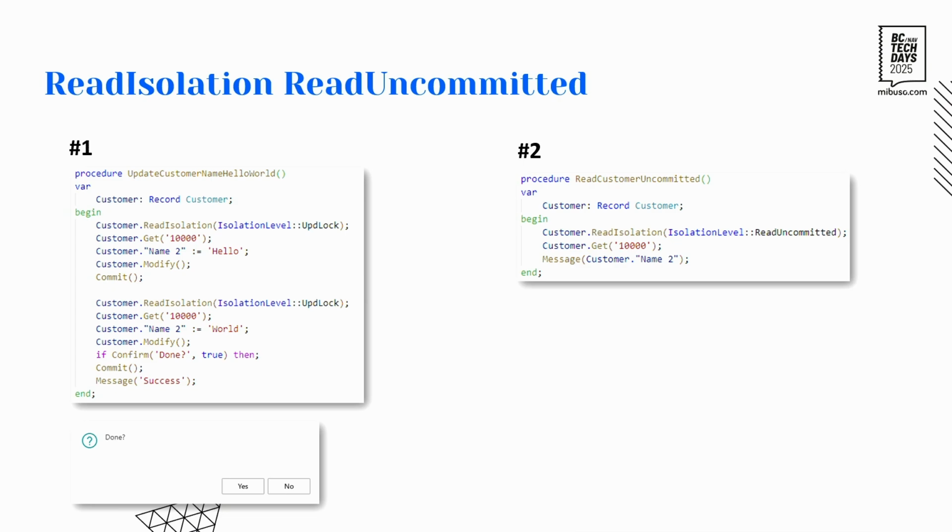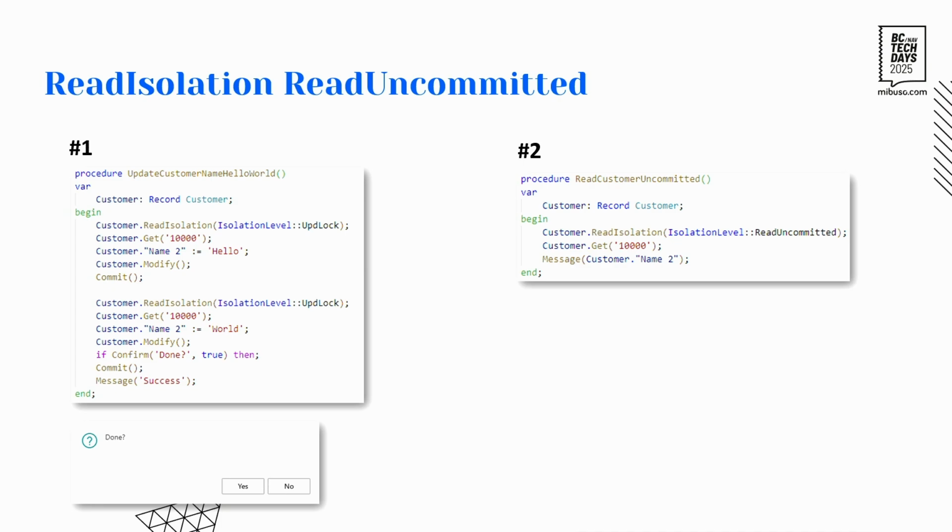So if you look at this one, first we update the name to hello, and then we modify it and commit. So now the database says hello in the name too. And then we do the same again where we write world and modify, but then we pause here, right? So when we get to that here, we have modified the customer, but it's not committed to the database.